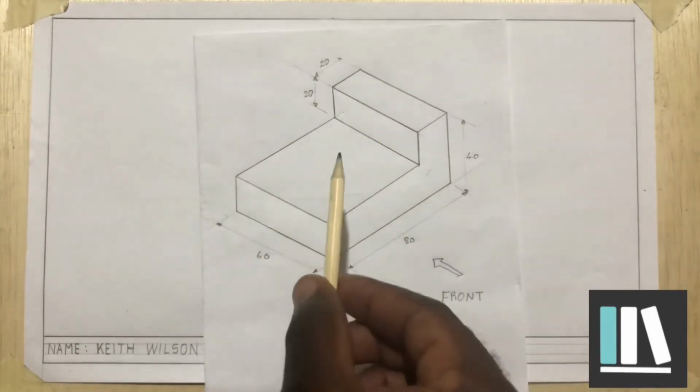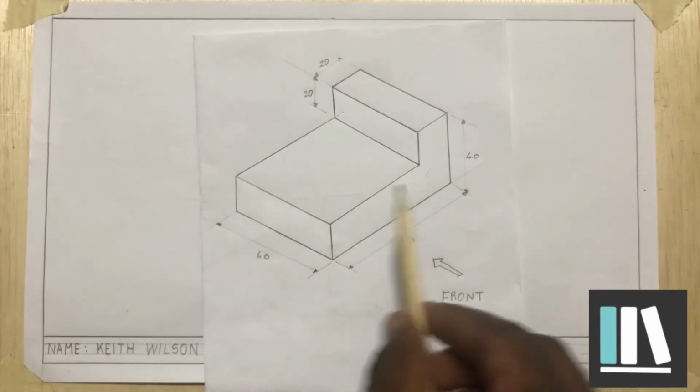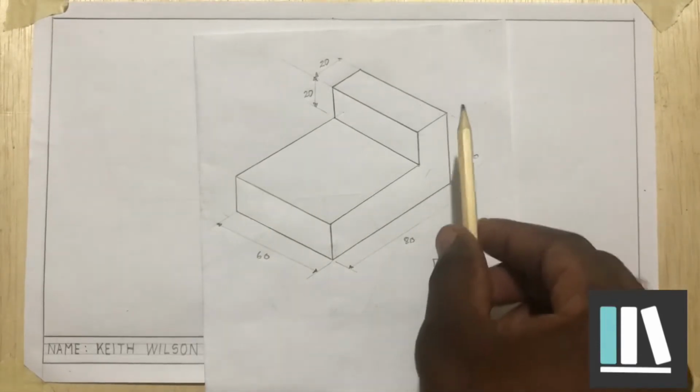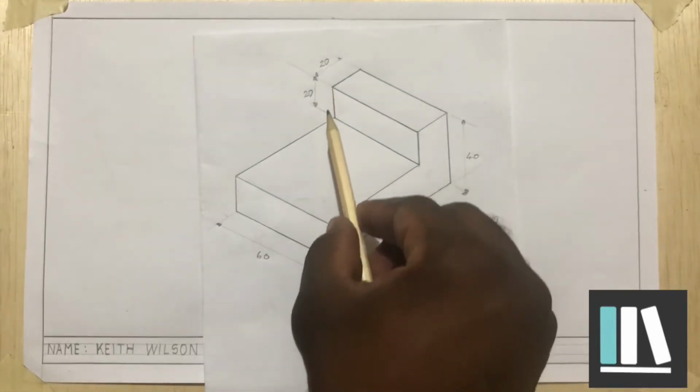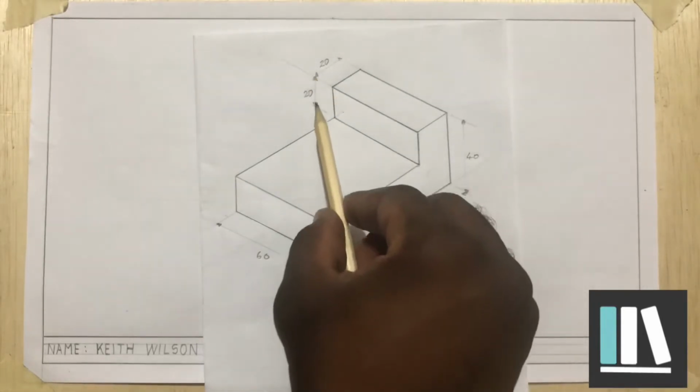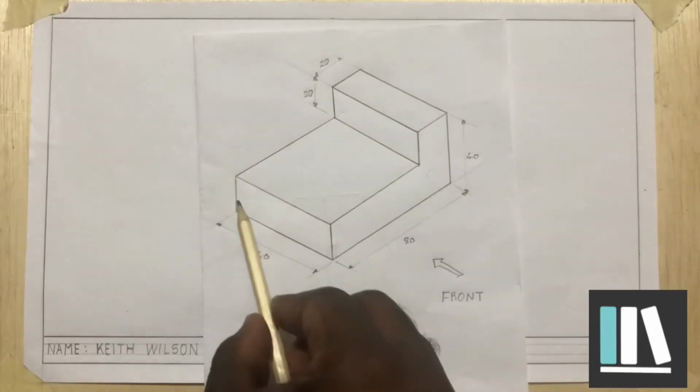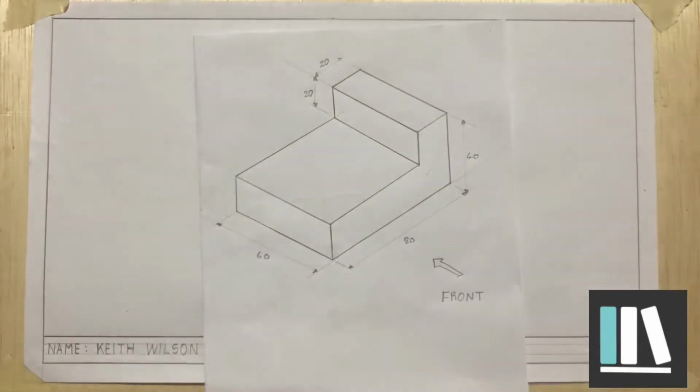As well, right here, the overall height of the drawing is 40 millimeters, and as you go downwards, you realize that there's 20 millimeters here, so the remaining measurement would be 20 millimeters.